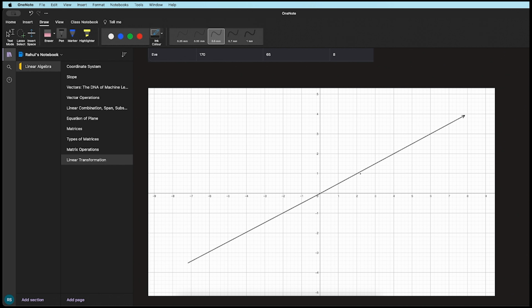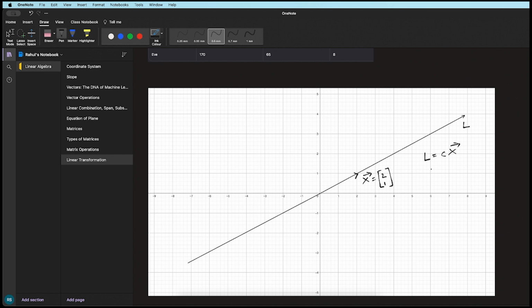Now this point from where the vector is passing, suppose this point is called the vector x, and it has the components 2, 1. And suppose this line is denoted by L, so we can write L as a scaled version of vector x.